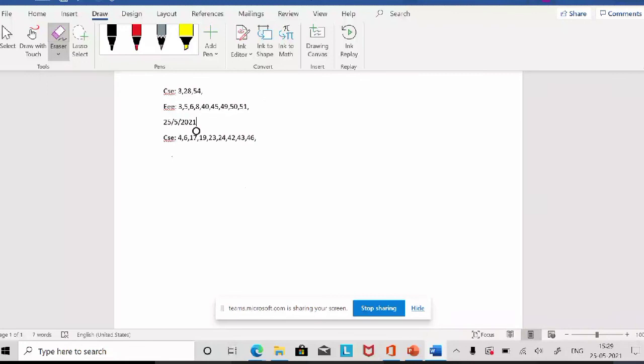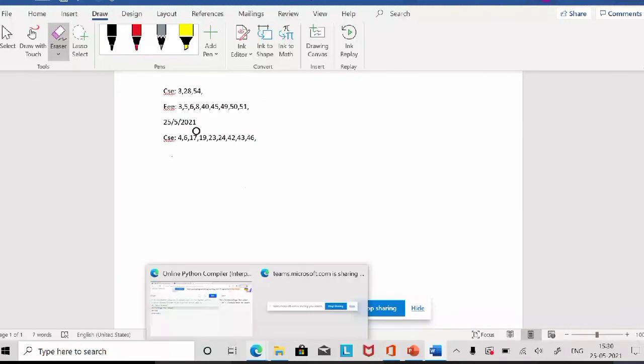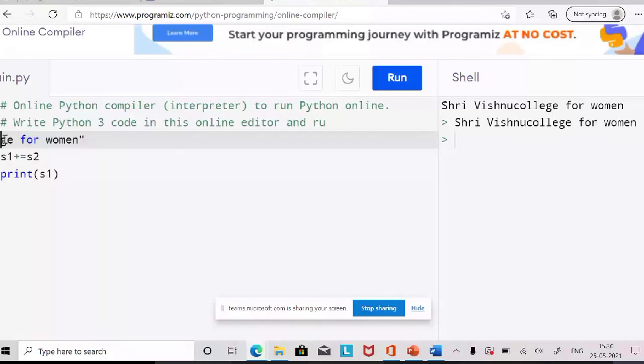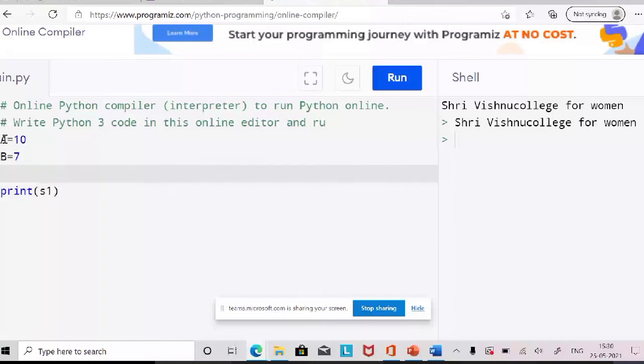I'll take A equals 10, and B equals 7. Then I'll take A bitwise AND B. The answer is 2, right?